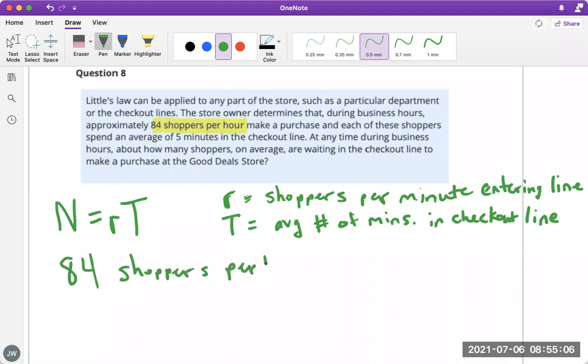Okay, I'm going to write all that out. We have 84 shoppers per hour, and we know that there are 60 minutes in an hour. So we're going to convert that really quickly in our calculators.